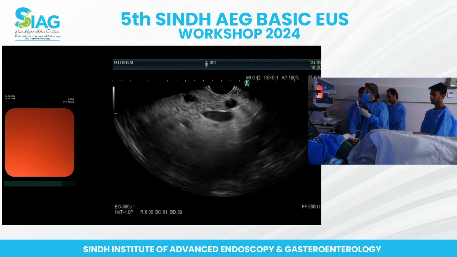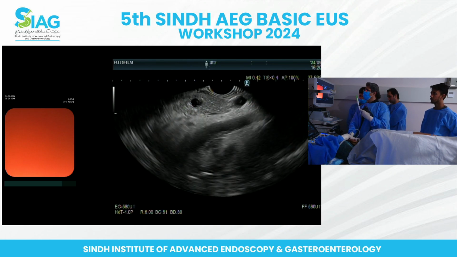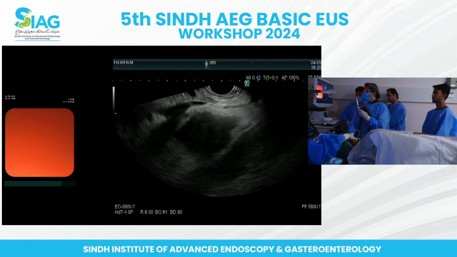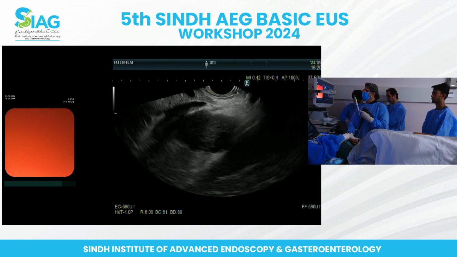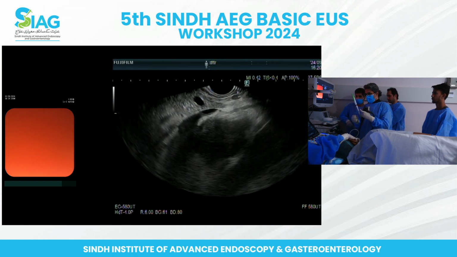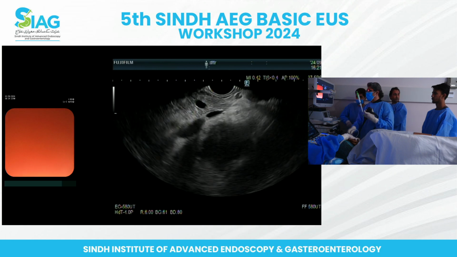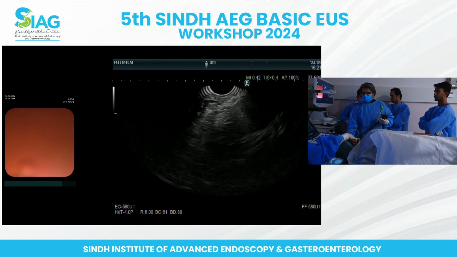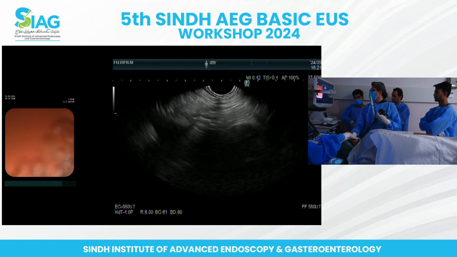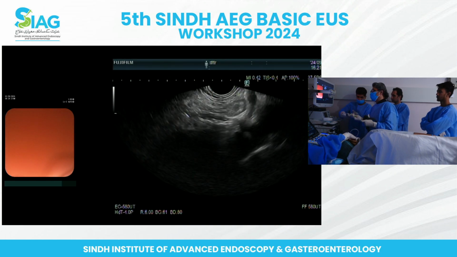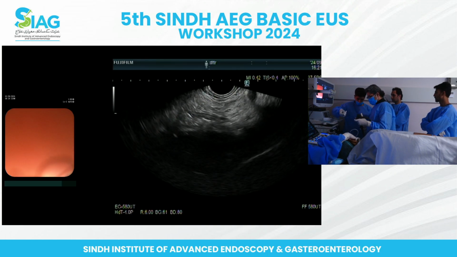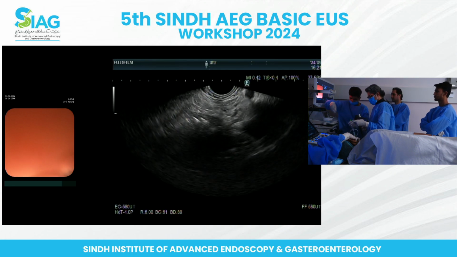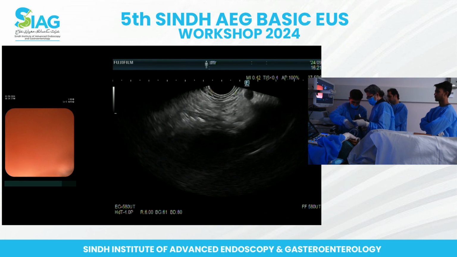Which GOJ? D2? GOJ. Oh, yeah. Okay. We'll have a look from there as well. Is there any other area you can see it from? Yeah, let's try it. I think there is a vessel that is just getting compressed with your transducer.